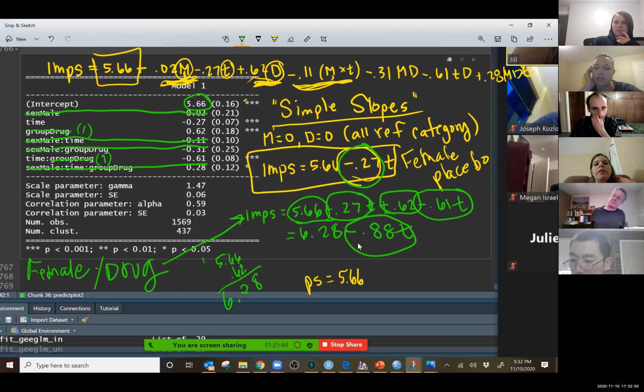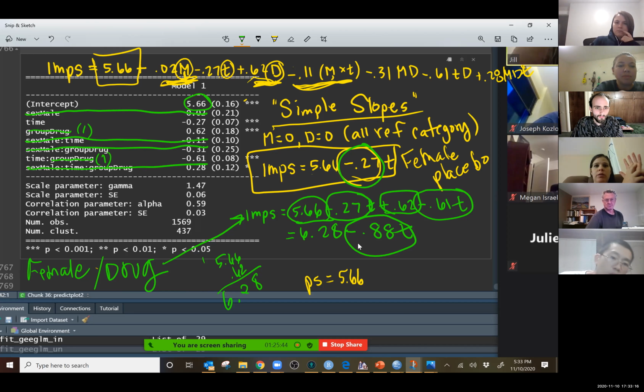So I think that based on what you're saying here, what I said earlier isn't accurate, because I was thinking that the fact that sex female is 0.02 would mean that it's telling us overall males are slightly higher.